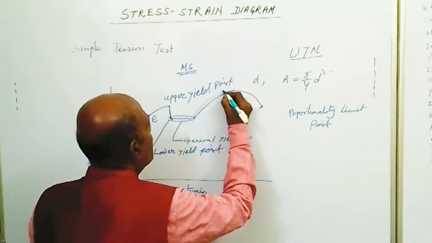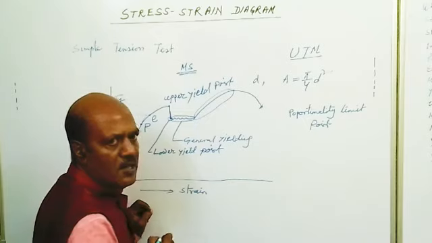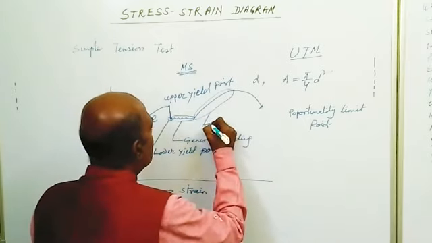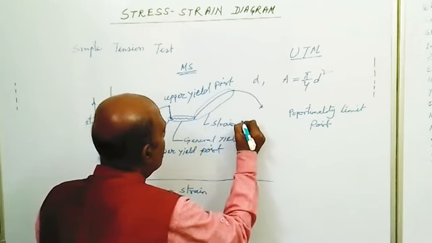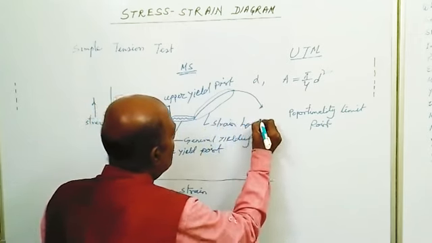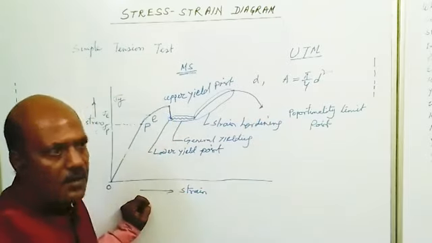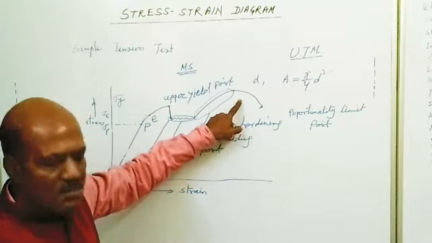So if we see, the stress required increases, and that is because of a phenomenon called strain hardening. Because of this strain hardening phenomenon, the stress required for further deformation increases.